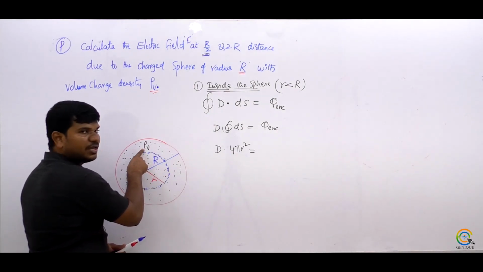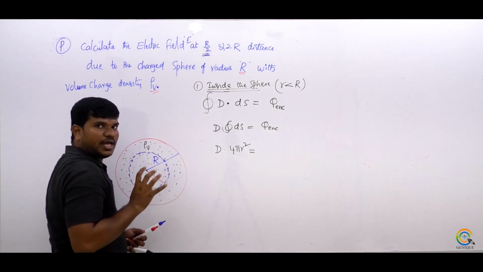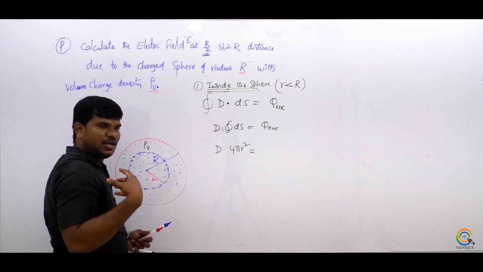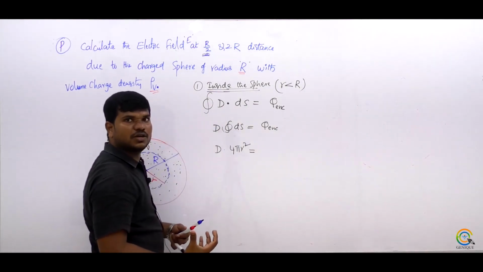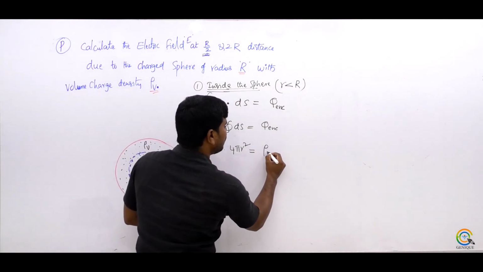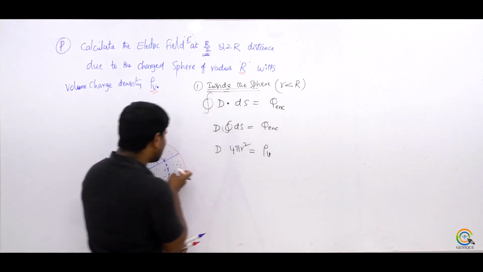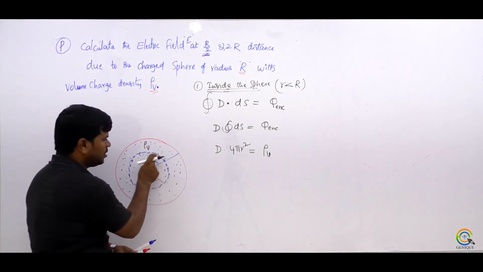We know rho v, the volume charge density. To find the charge, I have to multiply this volume charge density with the volume of this sphere only.